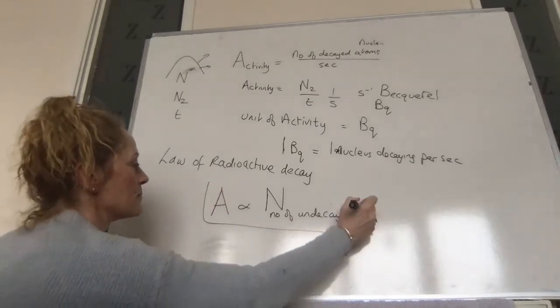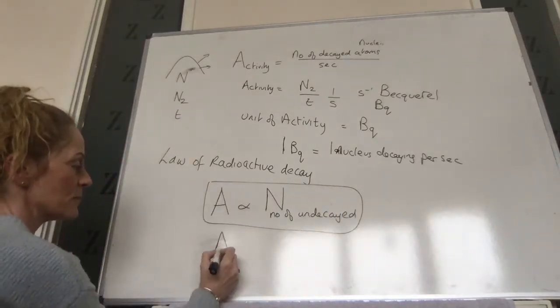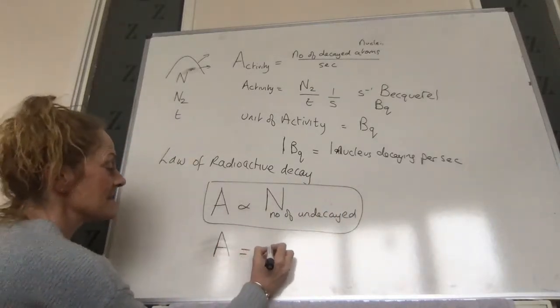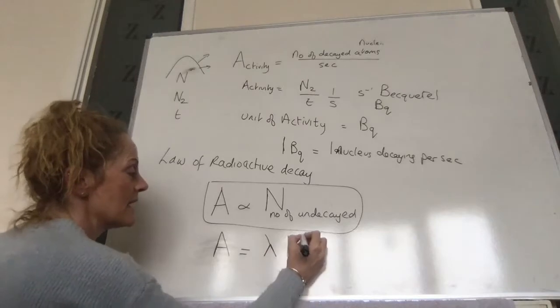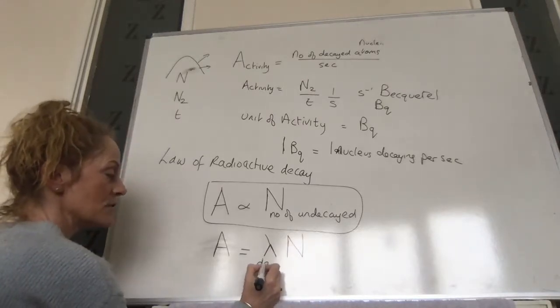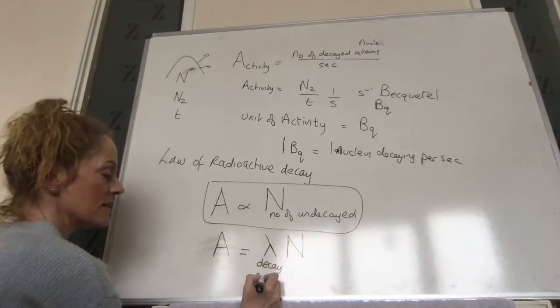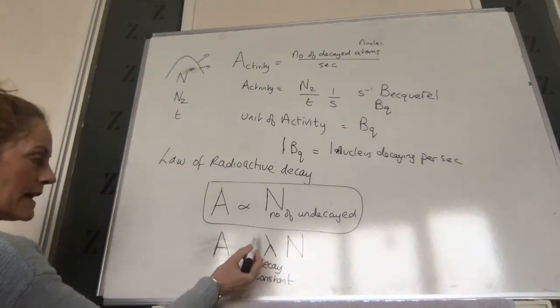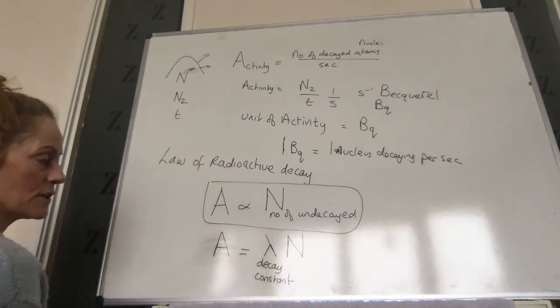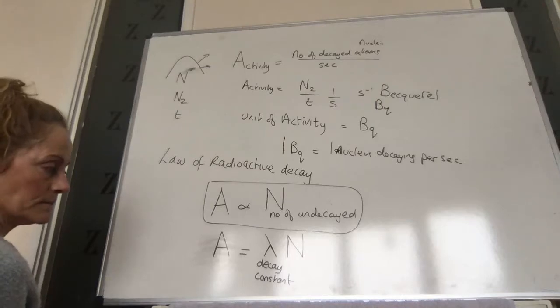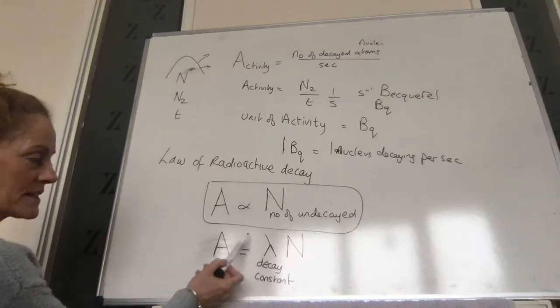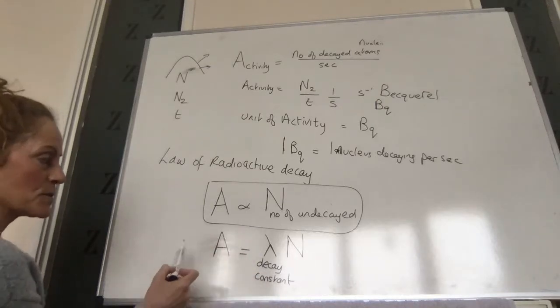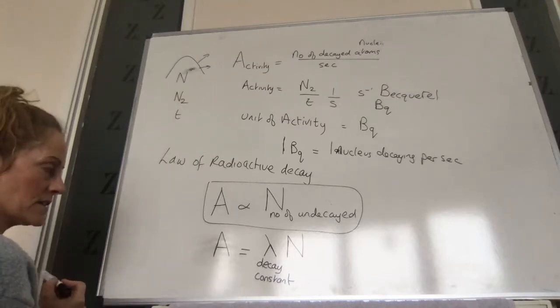A is proportional to N, and the constant of proportionality gives A equals lambda N, where lambda is known as the decay constant. Lambda is a constant for a particular isotope. A particular isotope will always have the same decay constant, but different isotopes will have different decay constants.